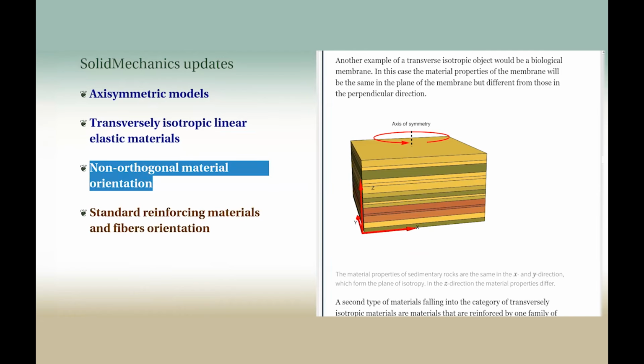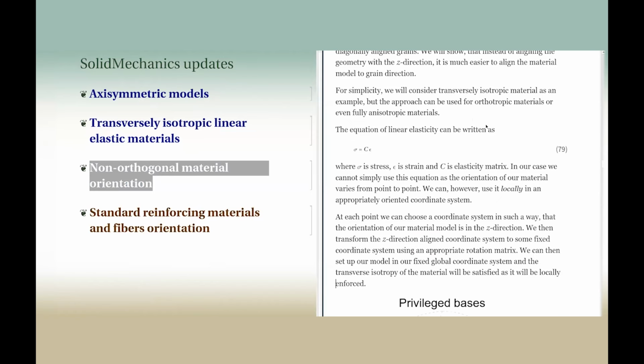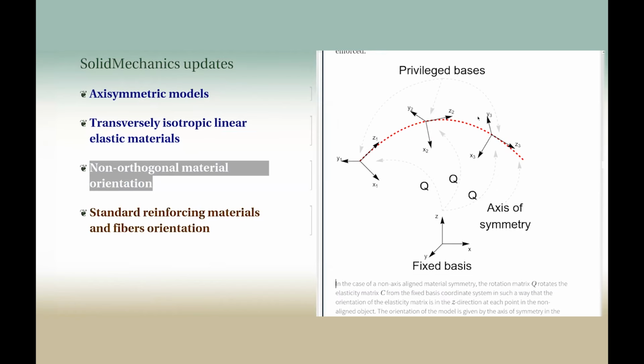That means that now the material can be arbitrarily oriented, so specific points in the material can have specific orientations. It's another level of complexity that allows you to model different materials. And we're going to see a few examples in a minute.